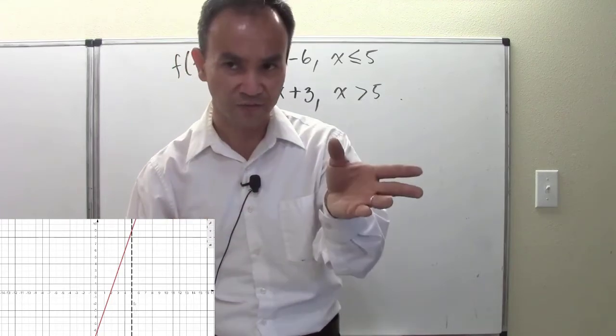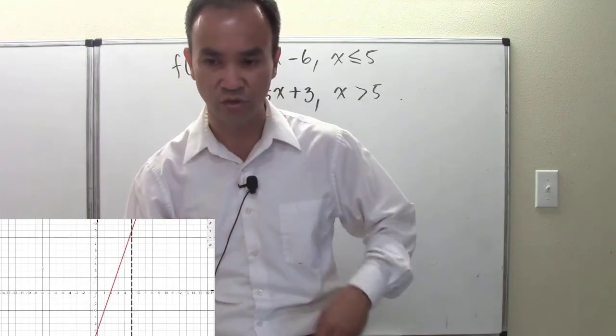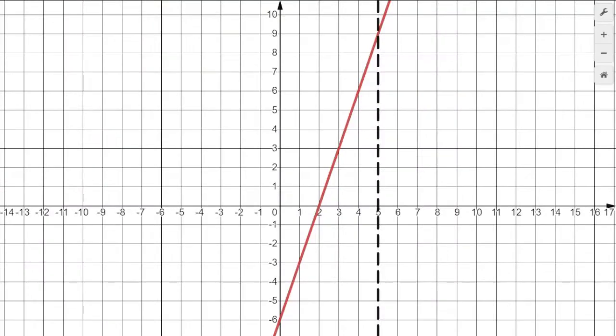So x less than 5 means it's to the left. That means I'm only going to pick the part of the line that's to the left-hand side of my dotted line. That's the whole reason.